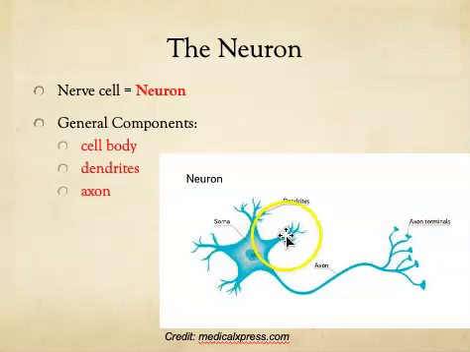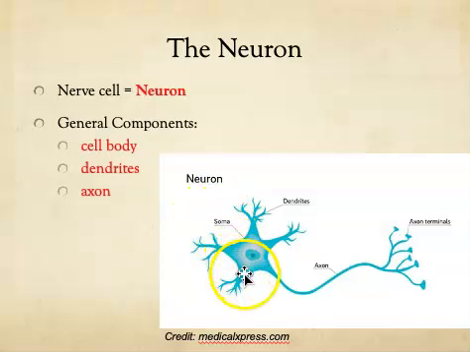There are membrane extensions coming off of the cell body that we call dendrites. And what makes a dendrite is the fact that it is going to be in communication with other cells. It's going to be receiving information from these other cells.